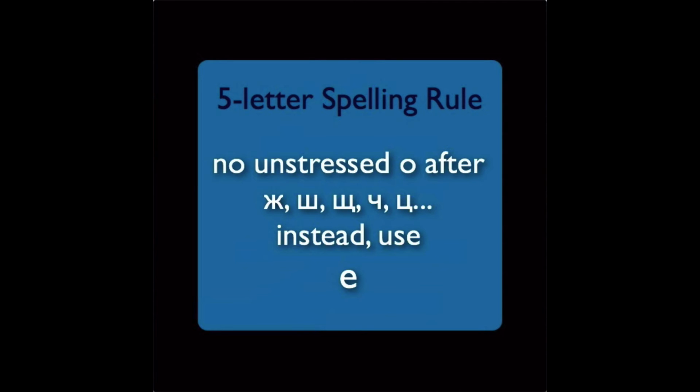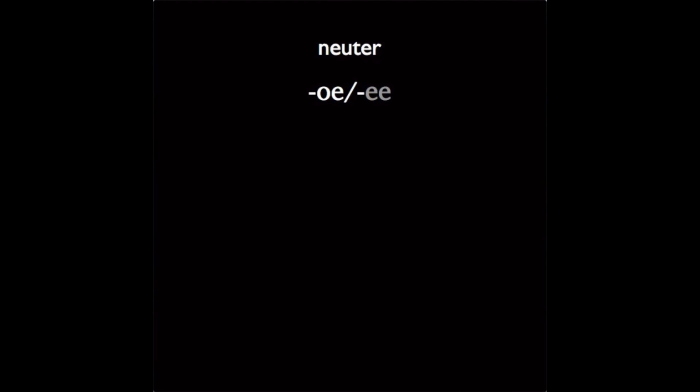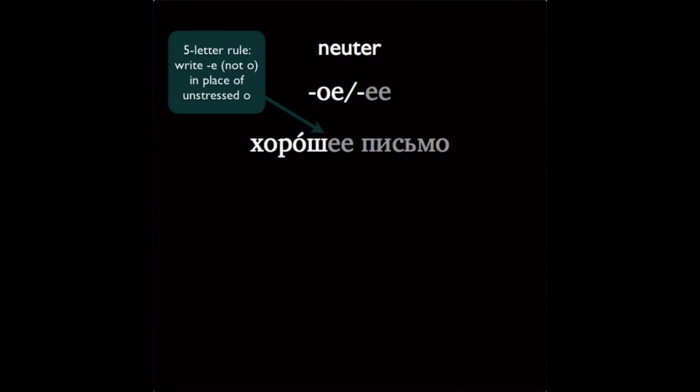Remember, you'll never write the unstressed о after these 5 letters. We'll write е instead. So for the neuter form of words like хороший, we'll use the ее ending. Хорошее письмо. Now keep in mind that the 5-letter spelling rule concerns only unstressed о. A stressed о is fine after these letters, as in большое.